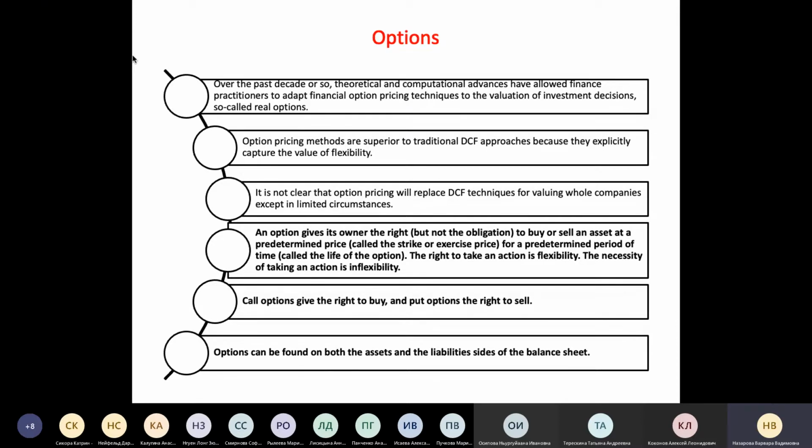Flexibility and the opportunity to react and to reform the strategy according to the external and sometimes internal conditions.